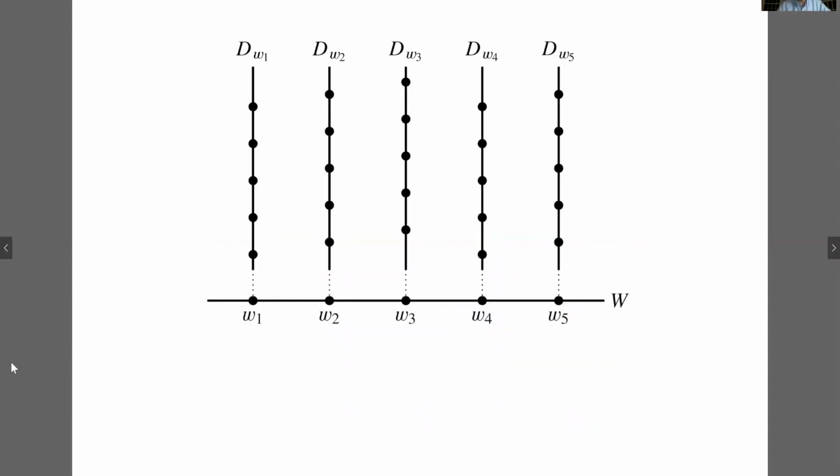So, let's introduce one individual intention. Now let's assume that this satisfies a property. So this is one individual intention.